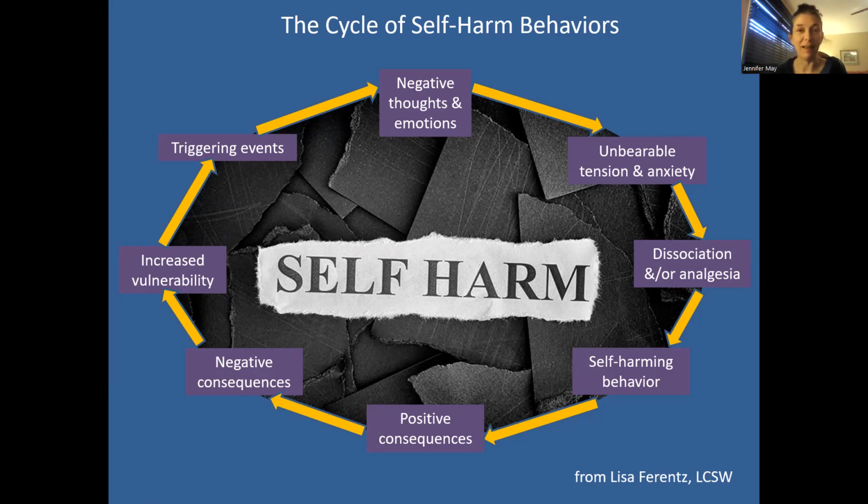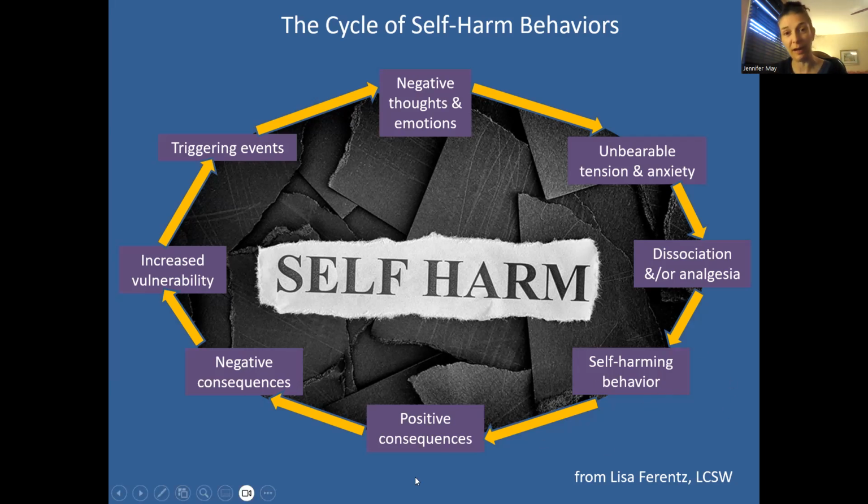You disconnect from that so that it actually becomes easier to do the self-harming behavior because you're not really seeing the whole implication of what you're doing and how you're harming yourself. You could be aware and sense it, but you may not be in touch with all the implications. Okay, so then after that happens, the self-harming behavior occurs.